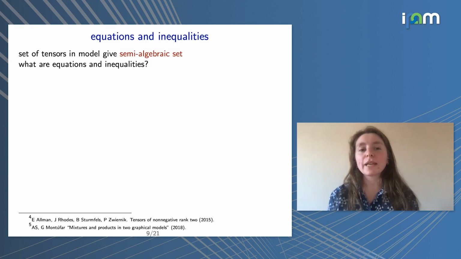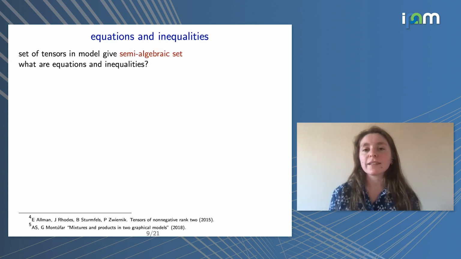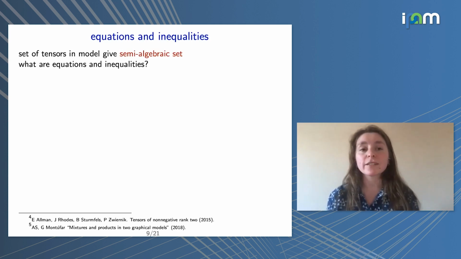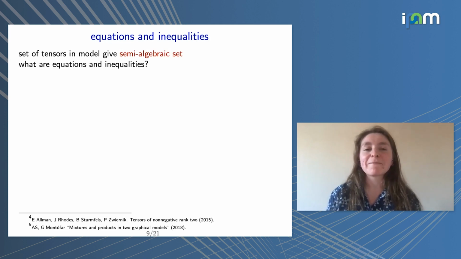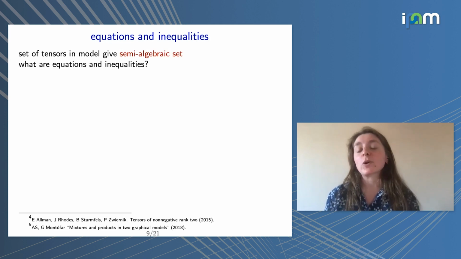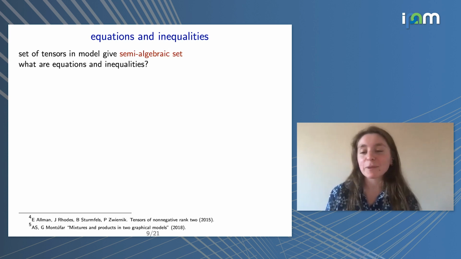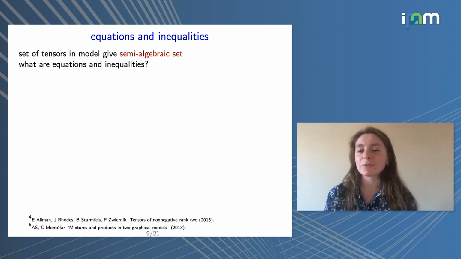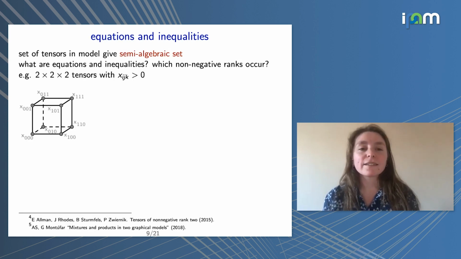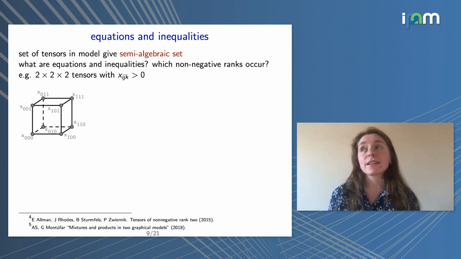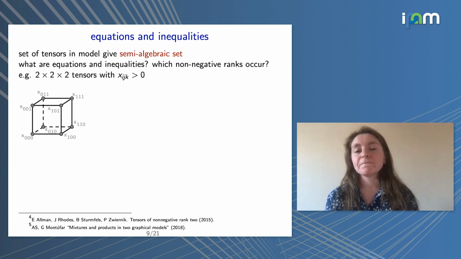All right, good. So we have these statistical models. They describe semi-algebraic sets, and we're interested in knowing the equations and inequalities of these semi-algebraic sets. For the setting where we have a single hidden variable, we saw that this corresponds to the non-negative rank of a tensor.